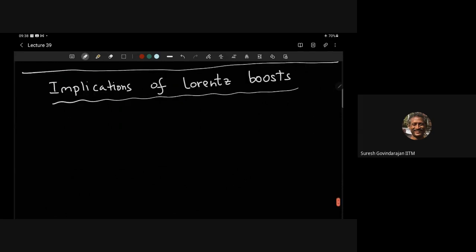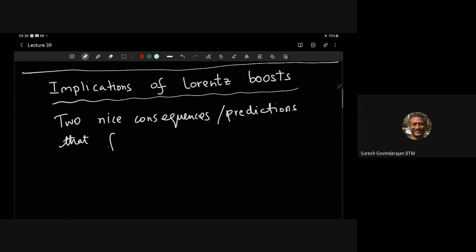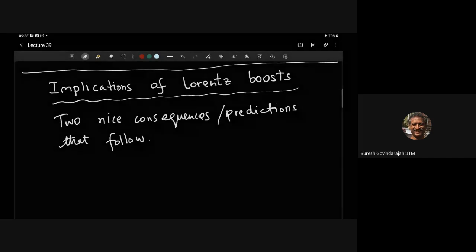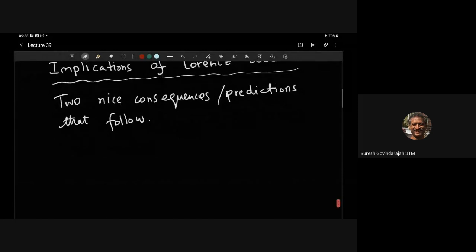There are nice consequences for predictions that follow. Actually three, but okay.